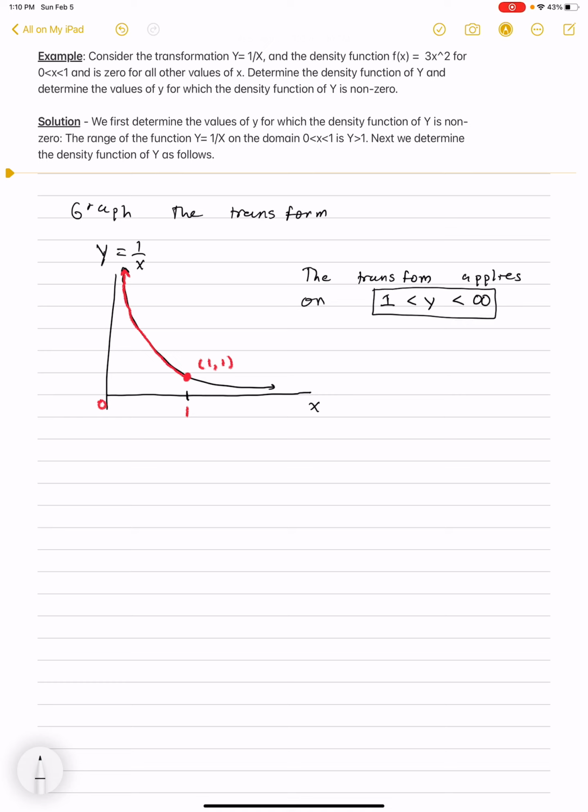That's where our transformation density function y applies. Now, next, let's determine the density function of y.